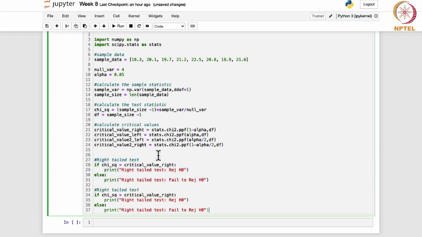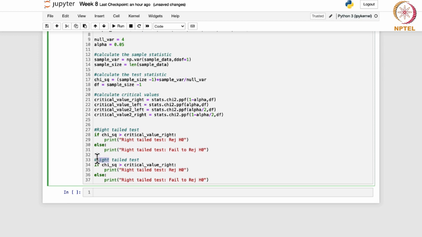For the left tail test, chi-square would be less than the left value, so chi-square is less than chi-square lower tail value for 1 minus alpha and degrees of freedom n minus 1. So here you would write it as left tail test.